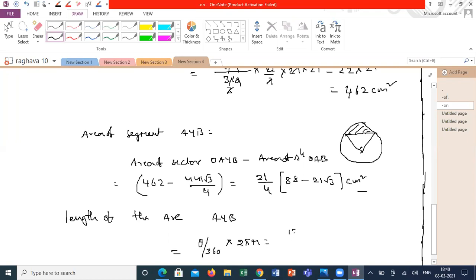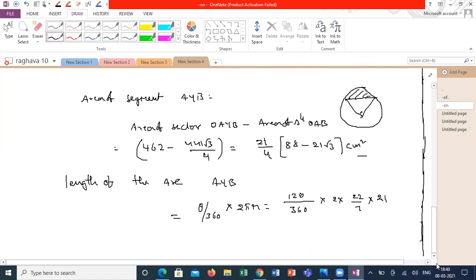So theta is 120 divided by 360 into 2 into 22 by 7 into r is 21. Calculate and let me know the length of the arc AYB. 44, sir. So 44 centimeter.